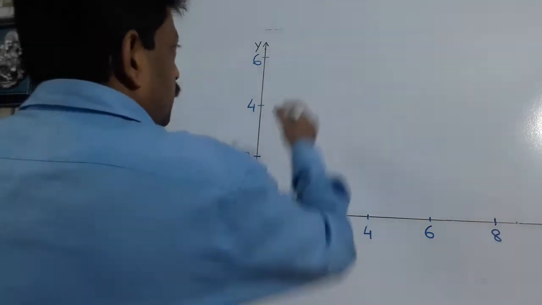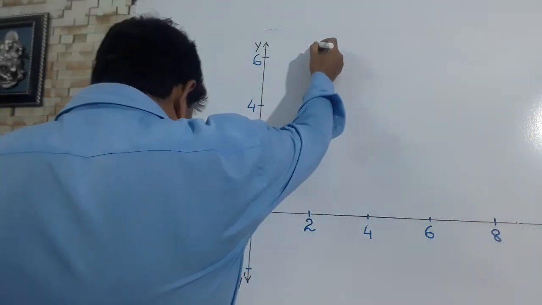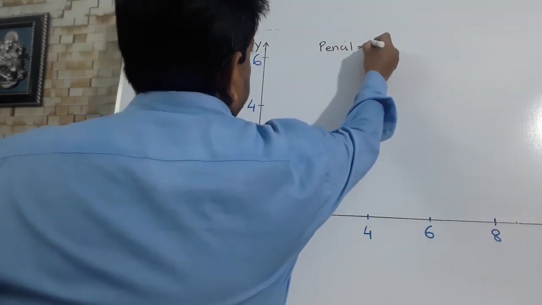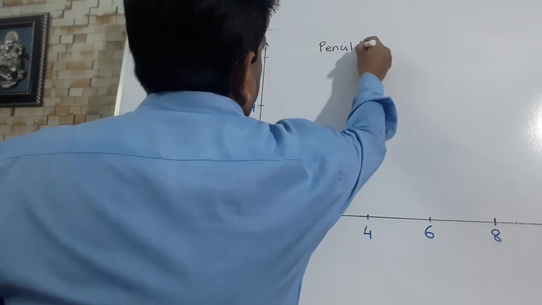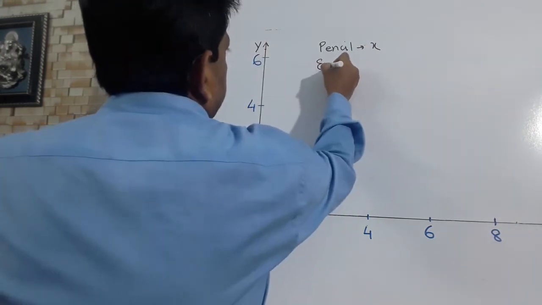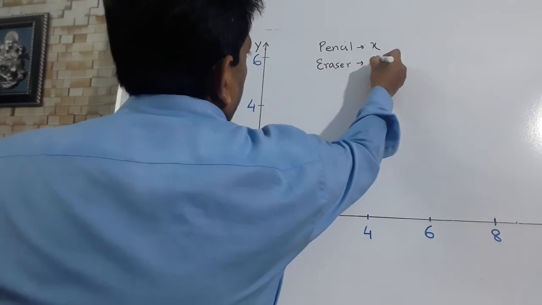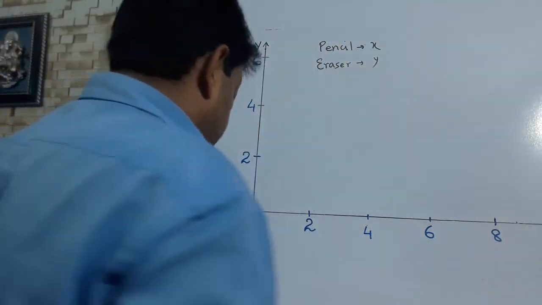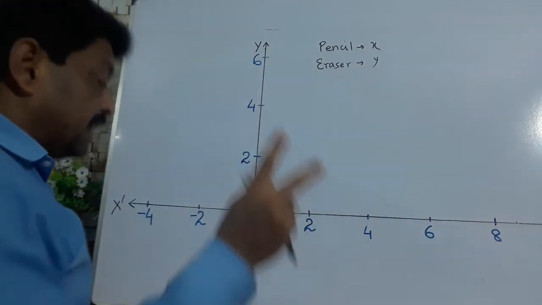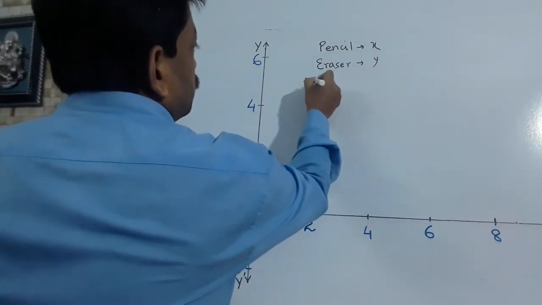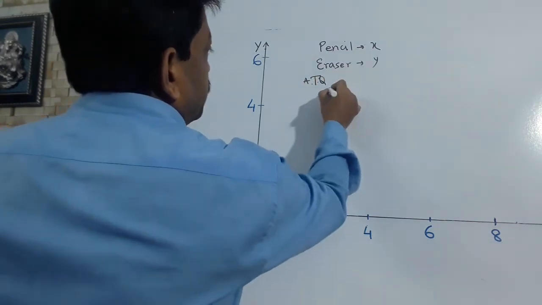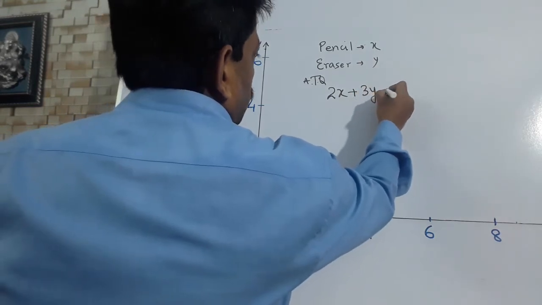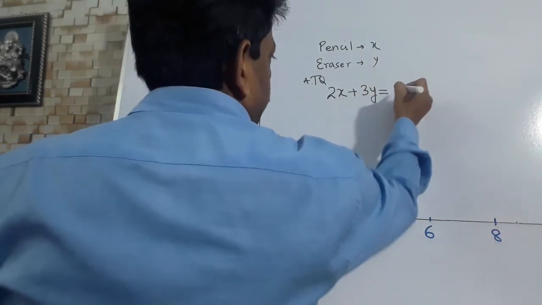So let me take the cost of each pencil as ₹x and each eraser as y. So the cost of 2 pencils and 3 erasers, according to the question, cost of 2 pencils is 2x and 3 erasers is 3y, and the total cost is ₹9.